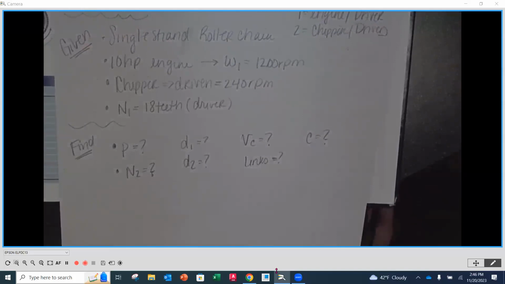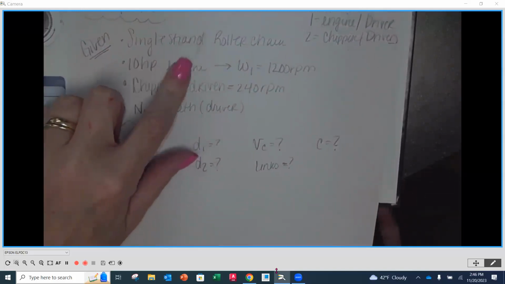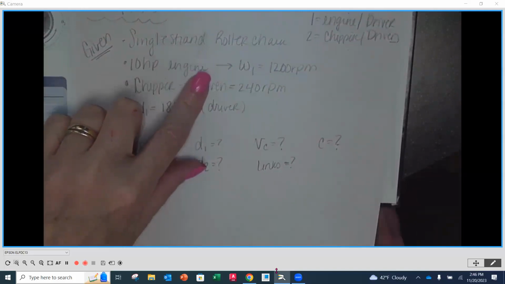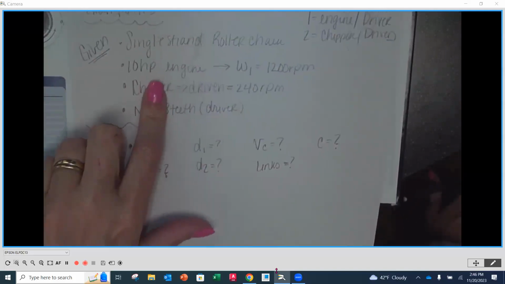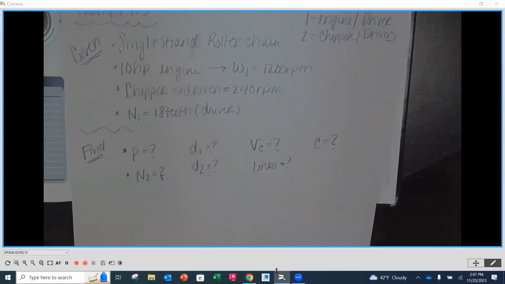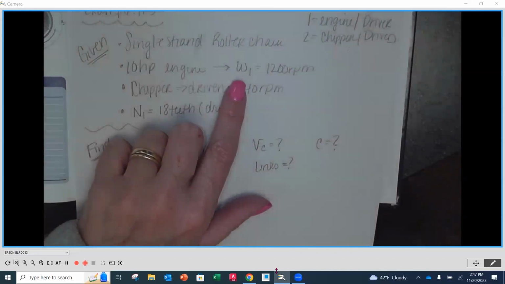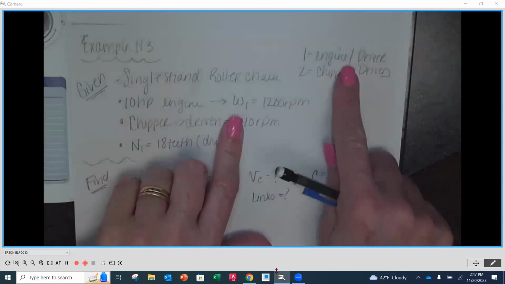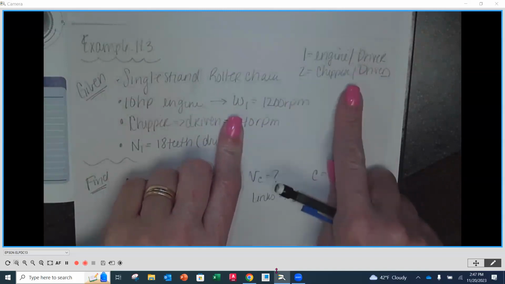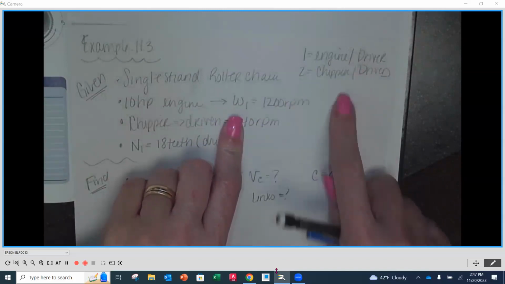As we look here, given in our problem, they're telling us that we're going with a single strand roller chain. So they've already picked that out. The engine that is driving this chipper is a 10 horsepower engine rotating at 1200 RPM. So that's going to be our W1. Any of the ones are going to be that engine or driver, and any of the twos are going to be the chipper or the driven machine.